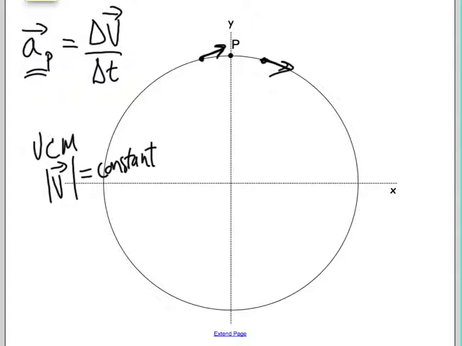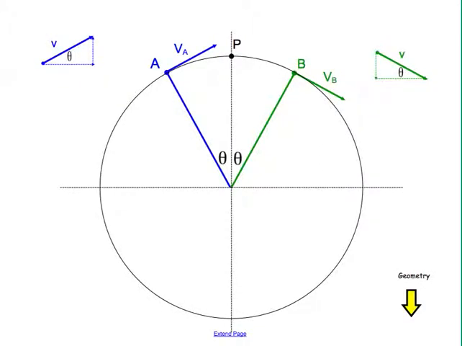Now, just to make the derivation a little cleaner, we're going to make a slightly neater plot right here.